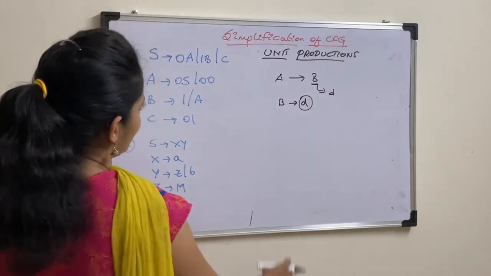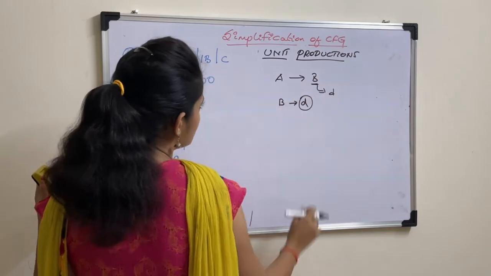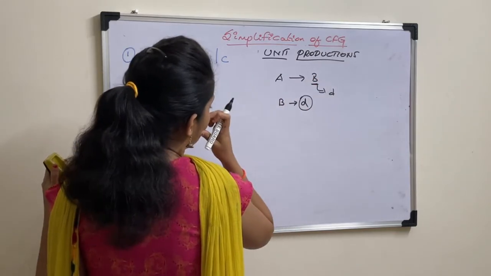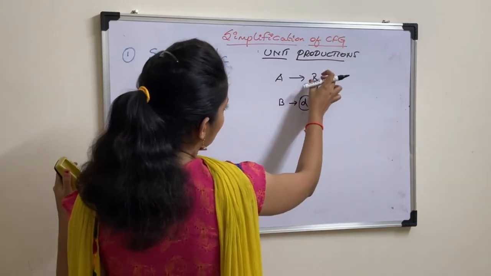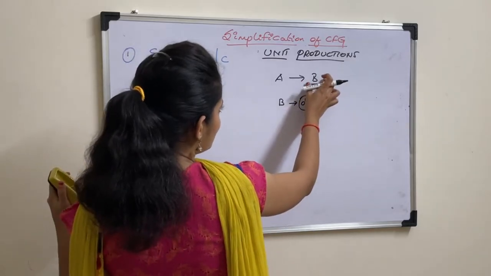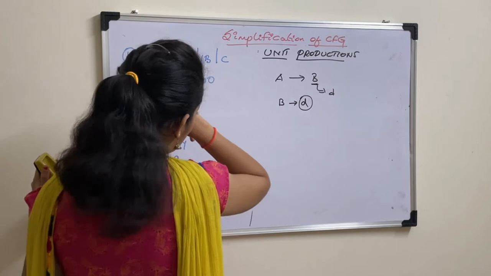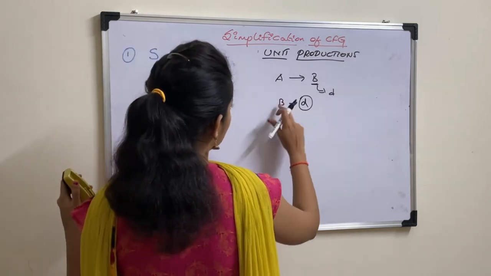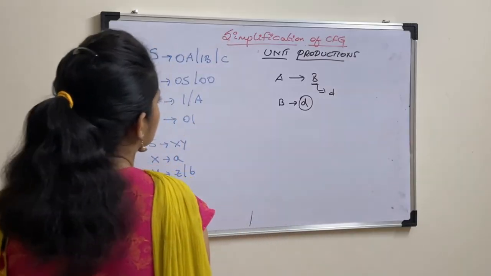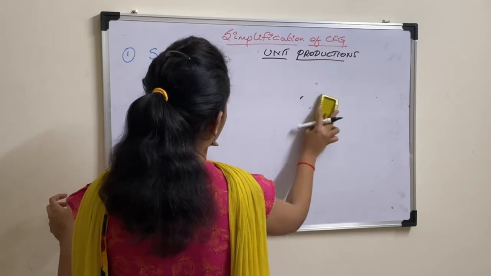Whenever you have a unit production like this, that means a single non-terminal in the RHS of the production, then you need to check whether you can substitute this non-terminal with a terminal symbol. You must check for that production. We have a production which is deriving small d, so B derives small d. So you can substitute this with small d. Fine. So let us solve this example.